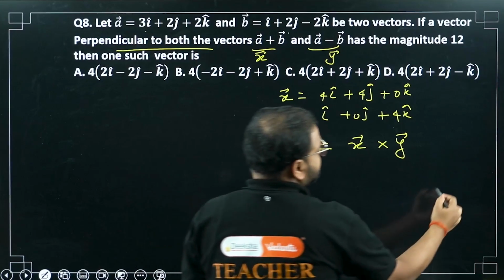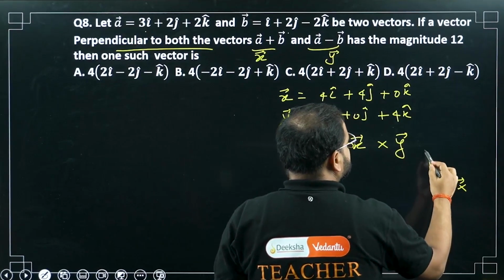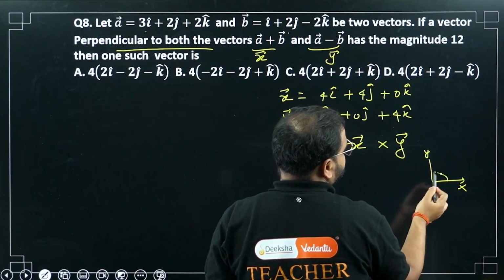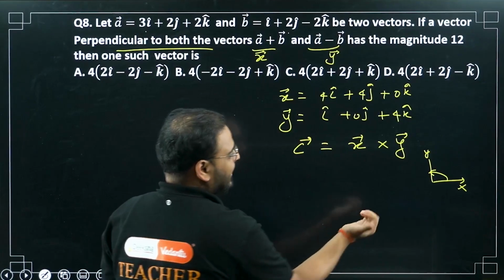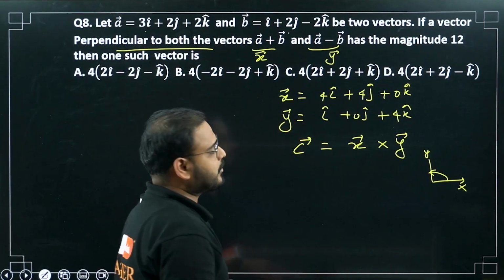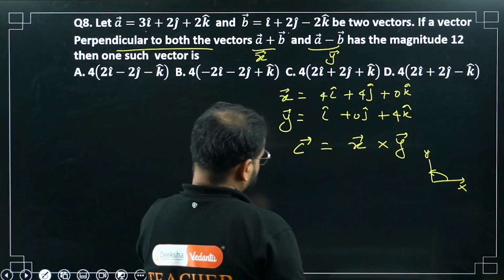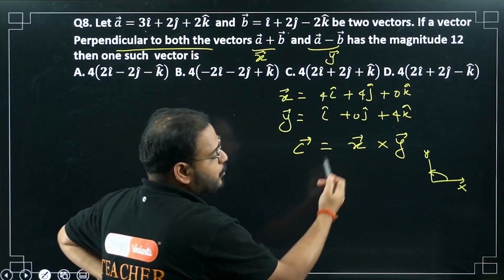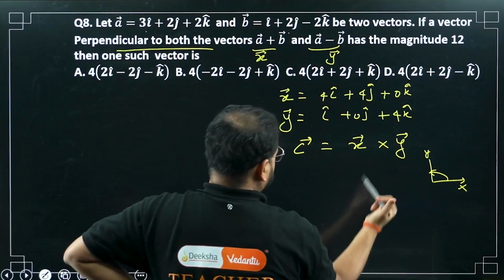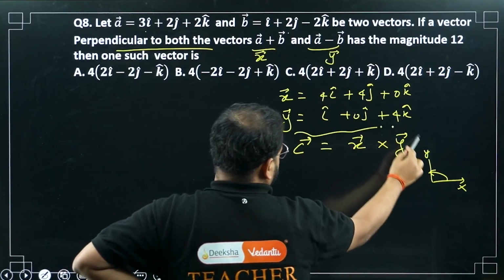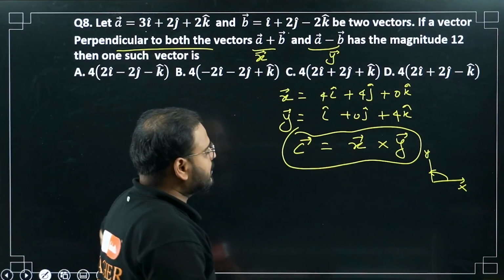If this is x, this is y, then x cross y will be a line coming out of the plane. If I take y into x, it will go inside, x into y will be outside. So c equals x cross y.